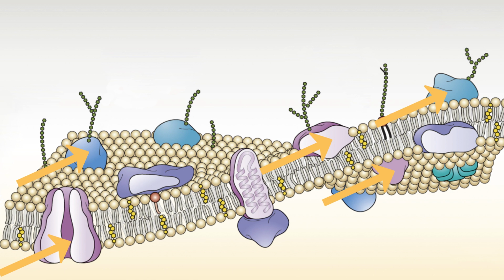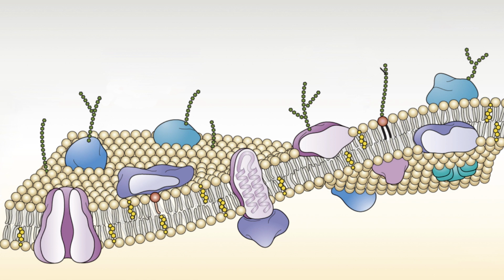These rather large, colourful structures, also attached to the membrane, represent proteins. It's probably not that obvious in this diagram, but in the plasma membrane of a typical mammalian cell, these proteins would make up about 50% of the mass of the membrane.